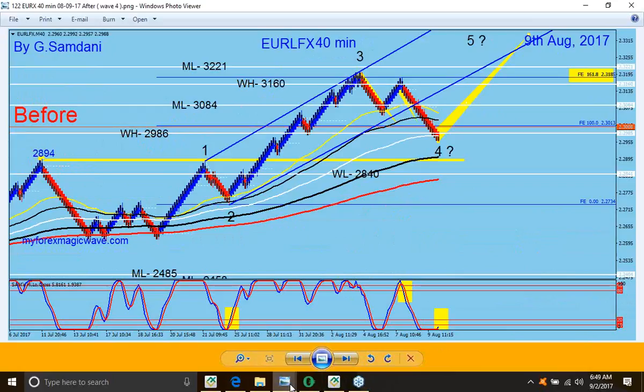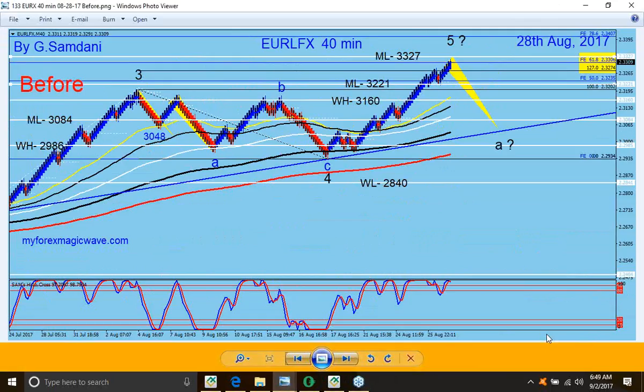What happened to this chart? If you pay attention, you will see that it went up there. The only thing is that I said from here it's going to go up, but it started to go up and then made another dip. It's like an ABC correction for wave 4, a perfect correction, and then it went up all the way to the area where I said it was going to go. And then I said this is wave 5 finished, and we're supposed to come down here for wave A. On the 28th, I said we're going to drop.